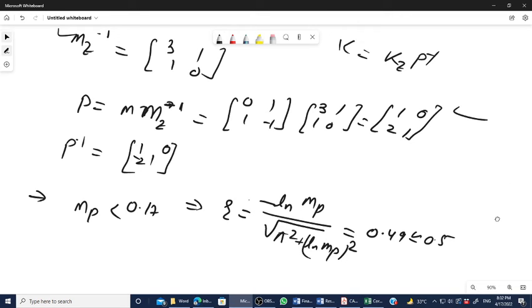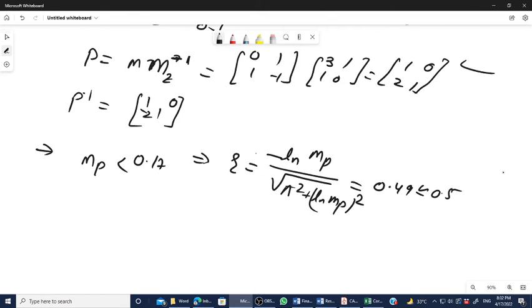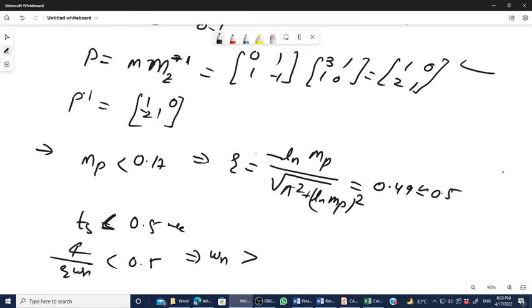Now settling time is also given, less than 0.5 second, right? So 4 upon zeta omega n is less than 0.5 second. So omega n is greater than 4 upon (0.5 into 0.5), that is 16 radian per second.